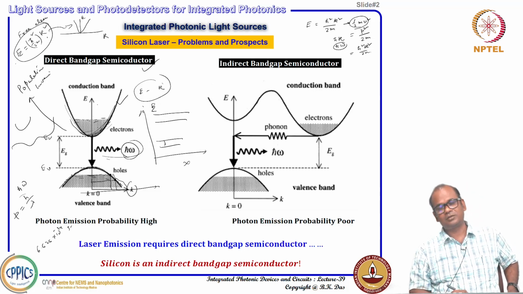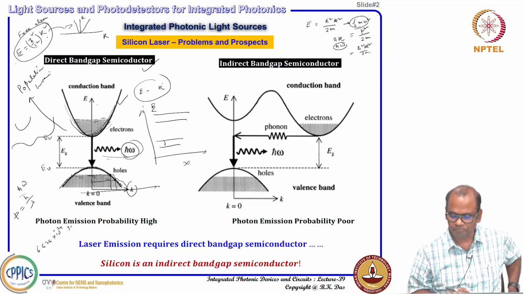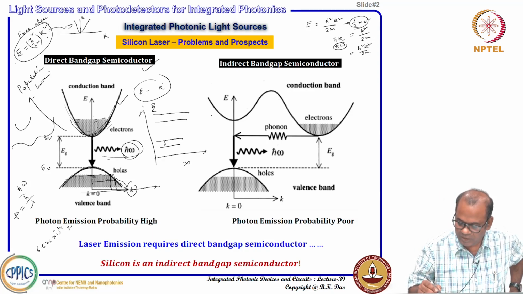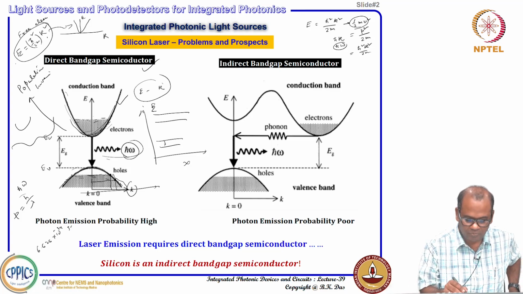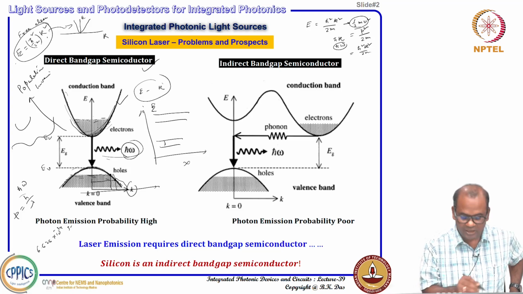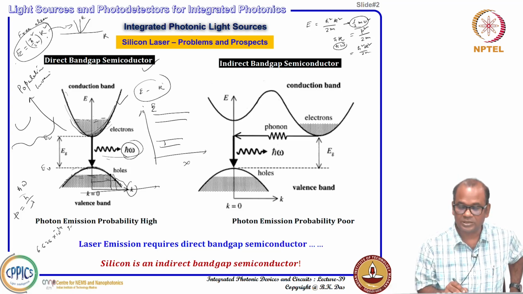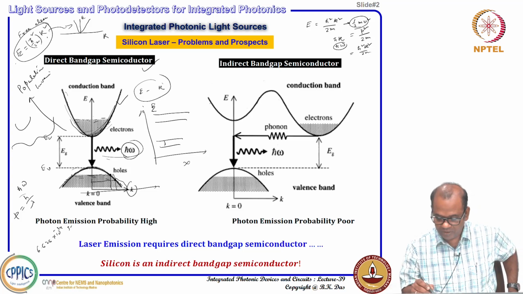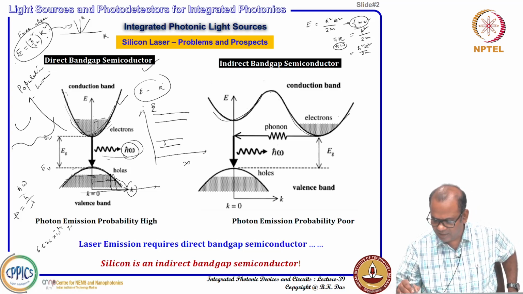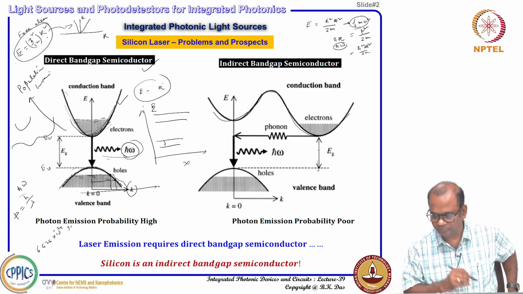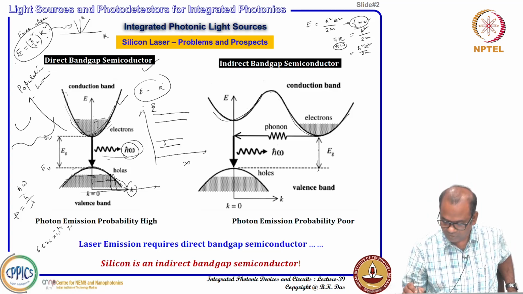But in some semiconductors you will find that if you see the conduction band E-k diagram, it is not a simple parabola where the bottom of the conduction band exactly matches the top of the valence band. Rather, you see here is a valley, and an additional valley at some other k value, which is actually at a lower energy level.